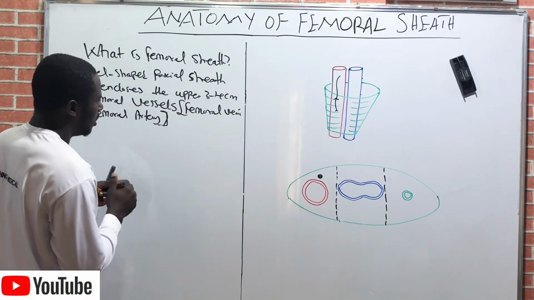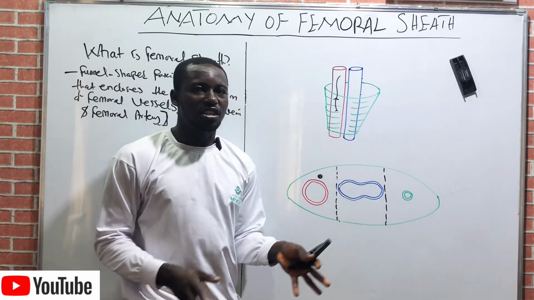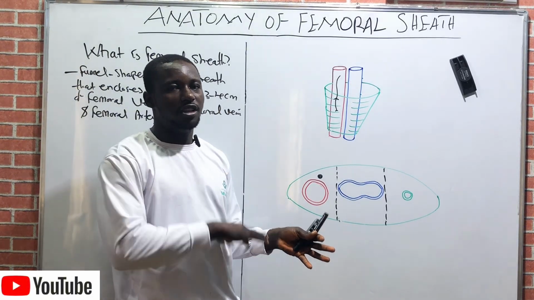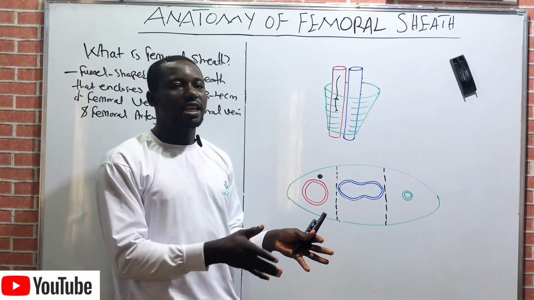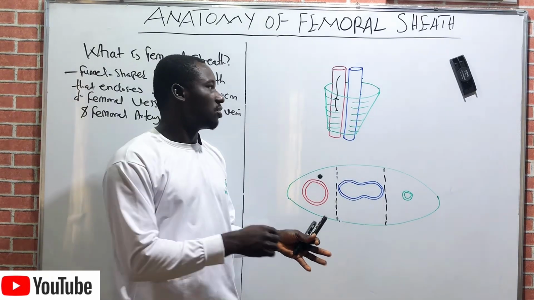These are the femoral vessels that it encloses. So it's a funnel-shaped fascial sheath that encloses upper 3 to 4 cm of the femoral vessels. You can call it a sleeve-like structure that encloses the femoral vessels.